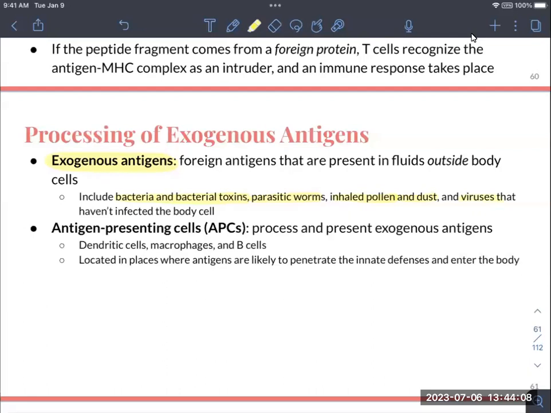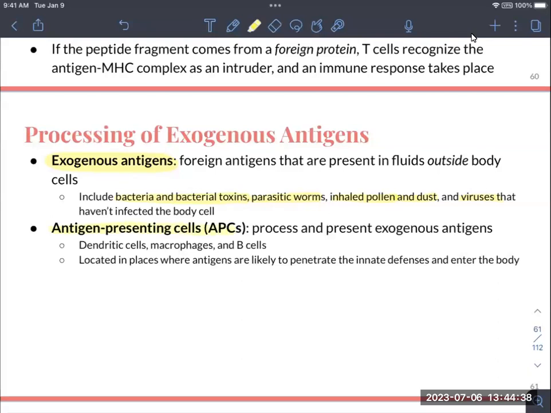If these viruses have not infected the body cells yet, because viruses will take their genetic material, shoot it inside of our cells, use our cells' components to replicate themselves, and then that cell explodes. But before that virus gets into a cell and starts replicating, these foreign antigens can be recognized as long as they're in these body fluids.